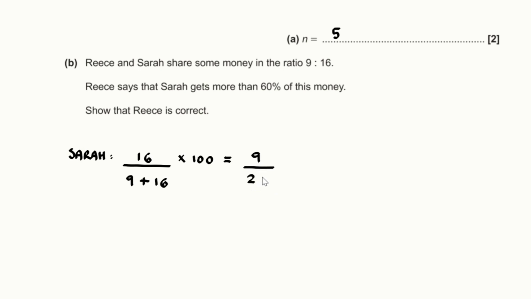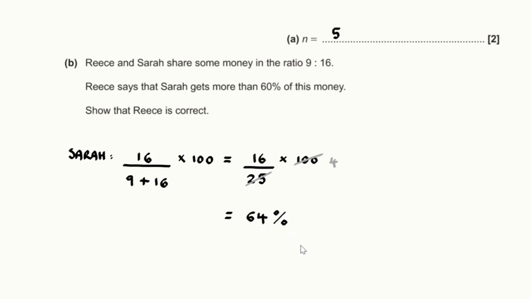well, 16 over 9 plus 16, that is the same as 16 over 25. And then we have 16 over 25 multiplied by 100. You will find this is the same as 16 multiplied by 4, which is equal to 64.